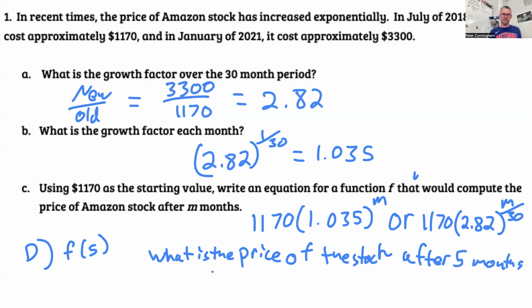Now, you could have also been specific and said 5 months from then would be December 2018. If you went above and beyond and actually calculated that, it was $1,389.59. The question doesn't necessarily ask for that, but if you did it, figure that out.